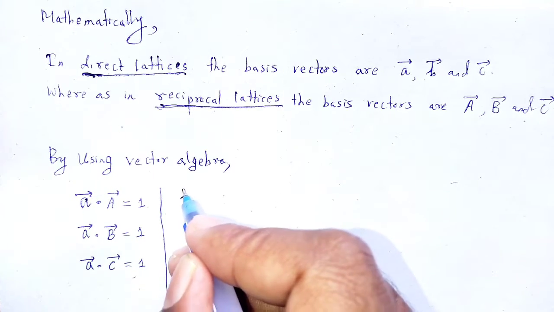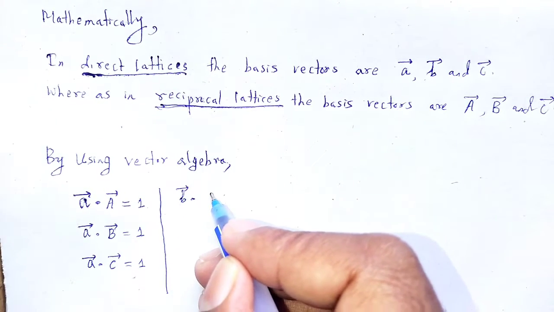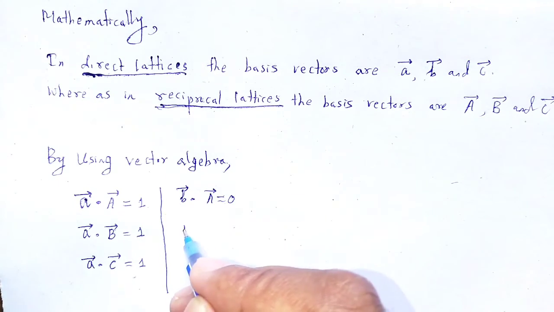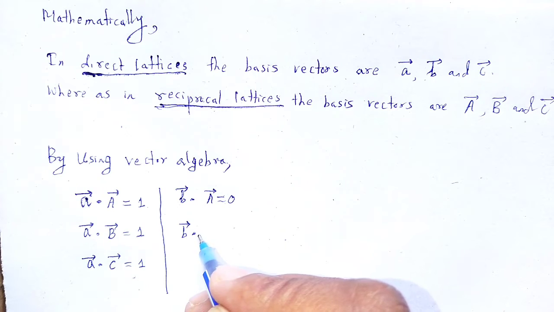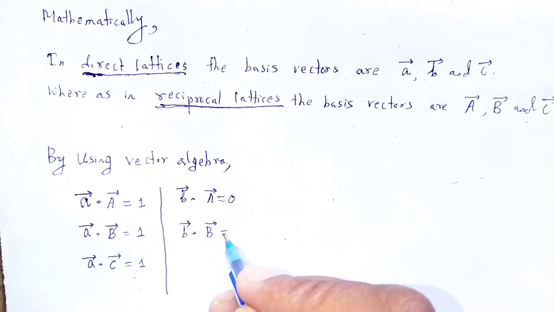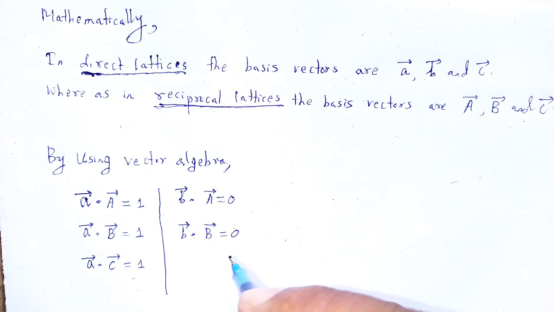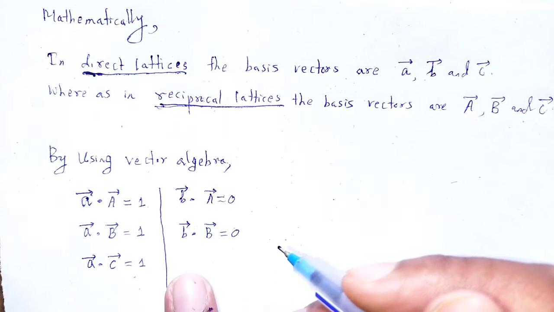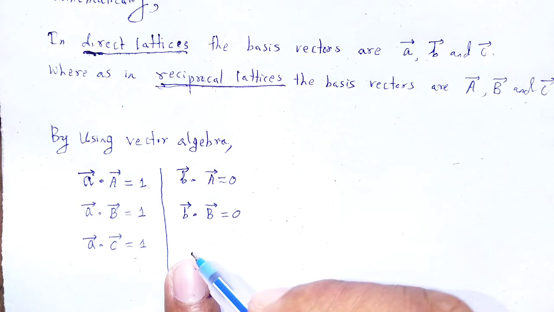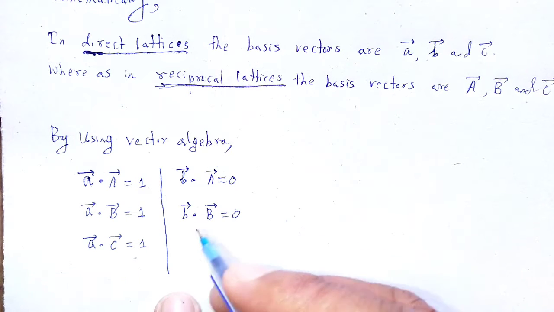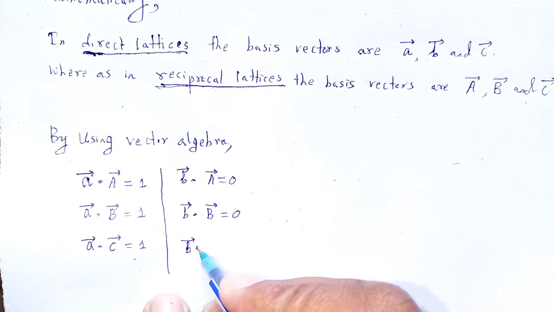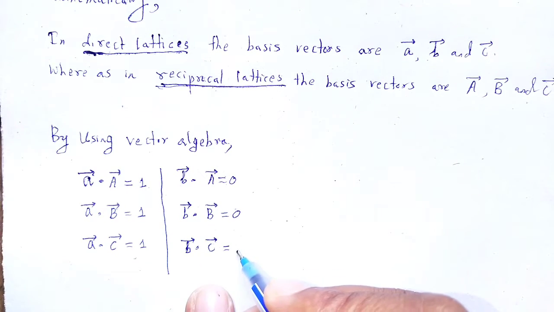Another set: b vector dot product with a vector results in 0, b vector dot product with b vector results in 0, and b vector dot product with c vector results in 0.